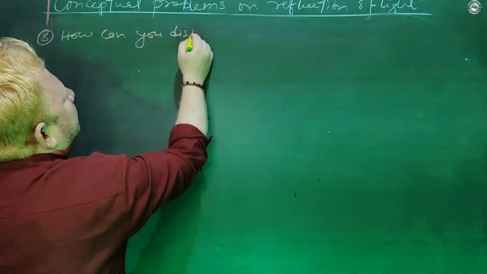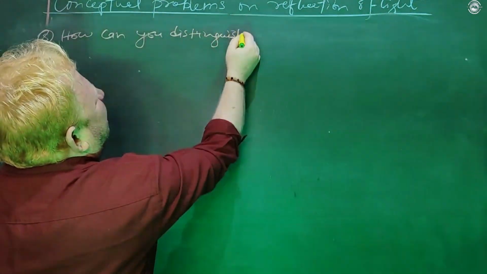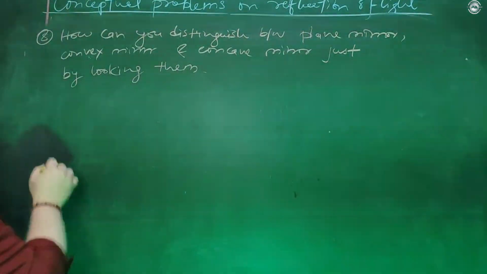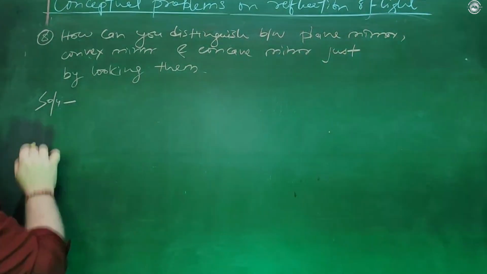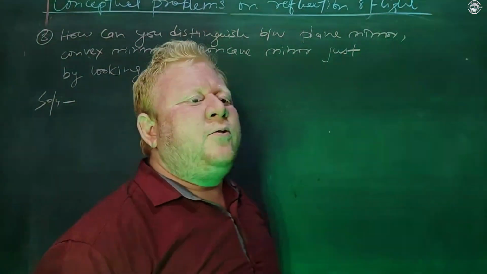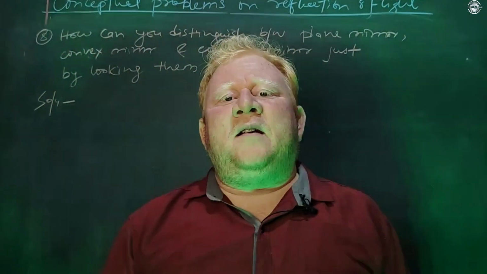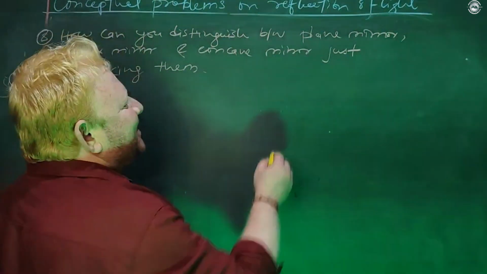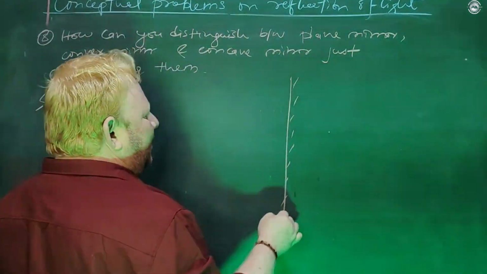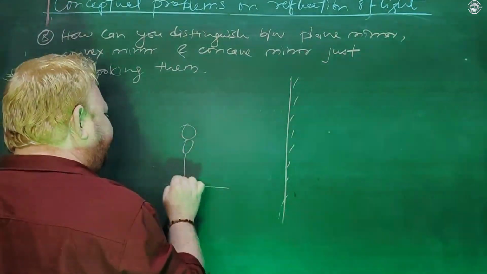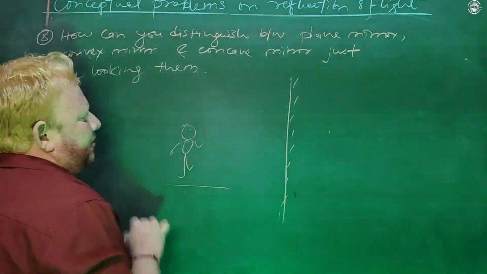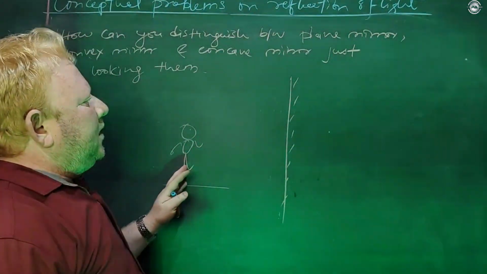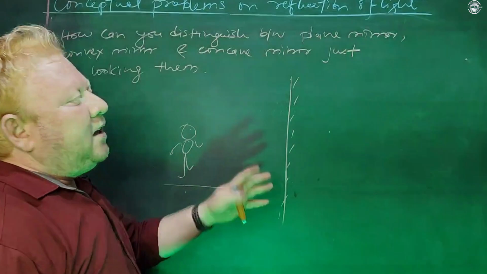Distinguish between plane mirror, यानी आपको टच नहीं करनी है. नो नीड टू टच. विदाउट टचिंग द मिरर यू हैव टू डिस्टिंग्विश वेदर द गिवन मिरर इज प्लेन मिरर, कनकेव मिरर, कॉन्वेक्स मिरर. कैसे करोगे? अब see, again I am taking one of the mirrors, and let us suppose here you are. So without touching a mirror, how will you understand whether the given mirror is plane, concave, or convex?